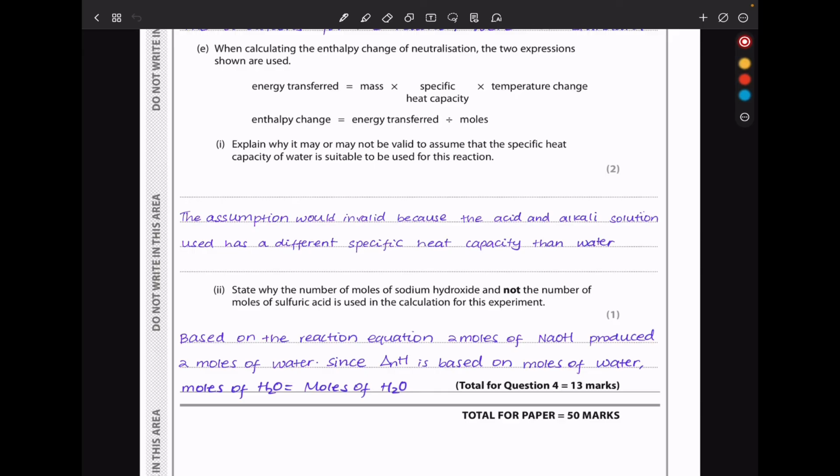If we use the specific heat capacity of water, it may be invalid. That is because we are working with an acid-alkali solution. Of course, the specific heat capacity is going to be slightly different from that of water. So I say the assumption would be invalid because the acid and alkali solution used has a different specific heat capacity than water.